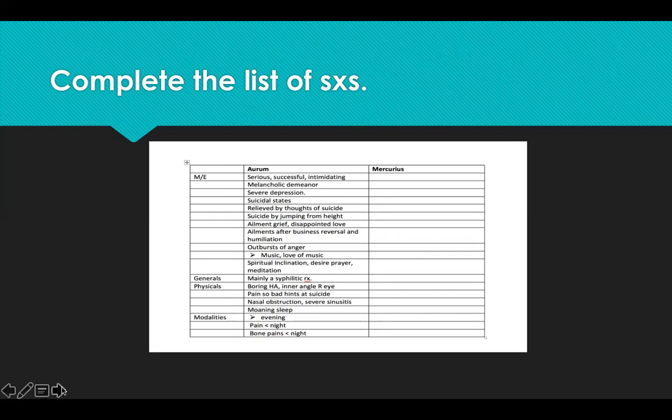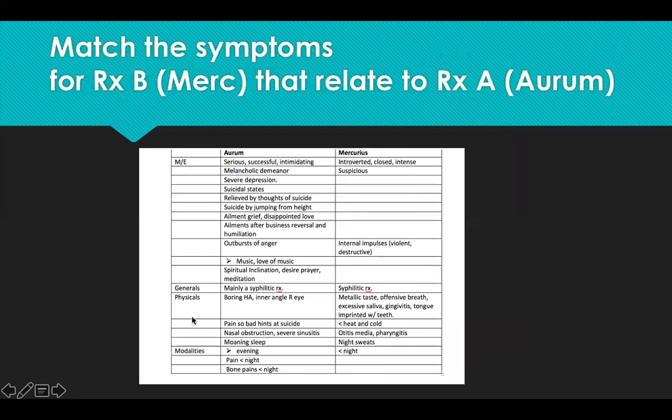So the next task is to match symptoms. We have all of our keynotes for Aurum set down. Now we're going to go to Morrison and look at Mercurius, and match the symptoms to the symptoms in Aurum that have a match.